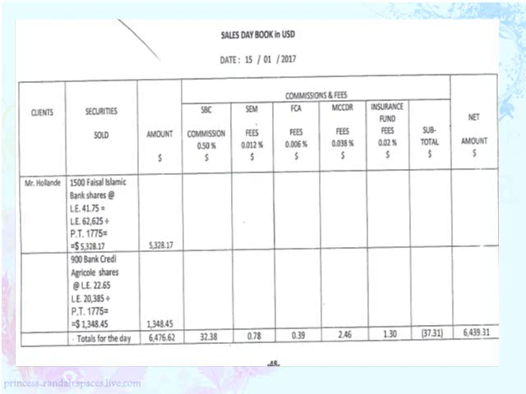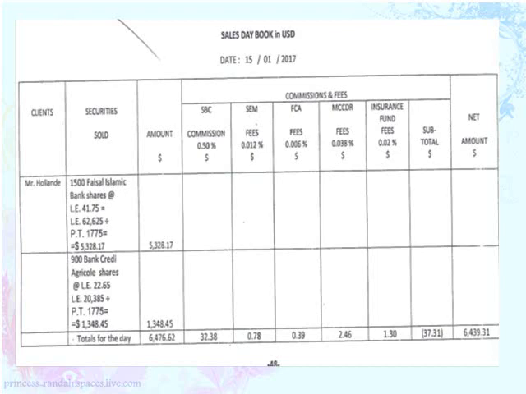Then you have a total amount of the sale of the first security, which is 5,328.17. For the other security, you have 900 shares times 22.65 Egyptian pounds, making 20,385 Egyptian pounds, divided by the exchange rate to convert them into dollars.